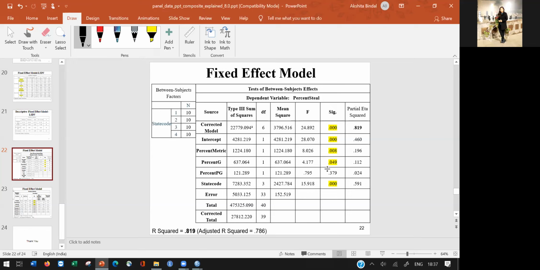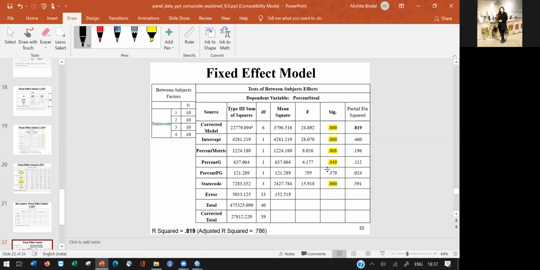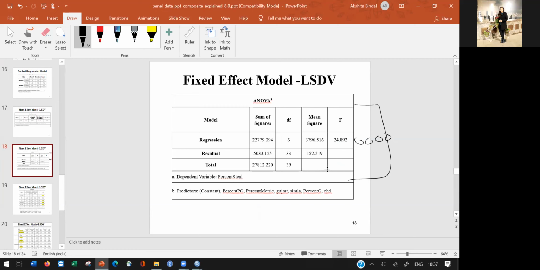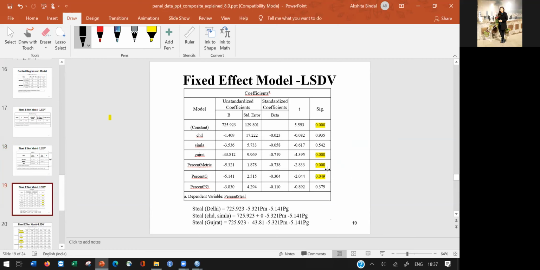When I talk about the state code, that is the different dummies that I created, the state codes are 59% having an impact. So when I study my model, I automatically get to know that normally the reference category has an intercept of 725. That 725 is already this amount of robbery taking place. And there is no difference in the robbery rates of Chandigarh and Shimla.